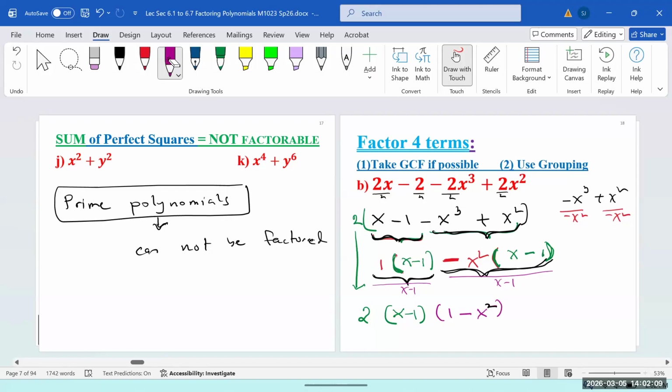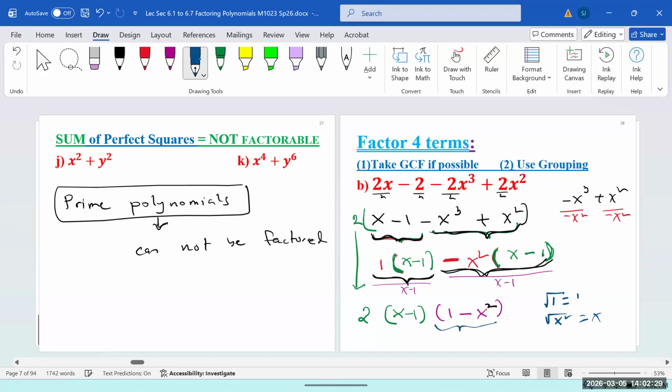What do you see here? Difference of perfect squares. I can't do this, man. It's too much. True, man. So we have square root of 1. What is square root of 1? And what is square root of x squared?